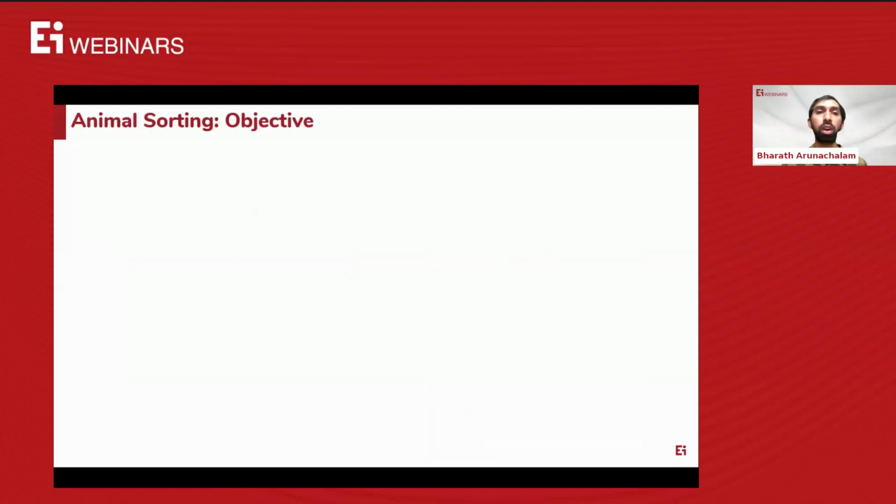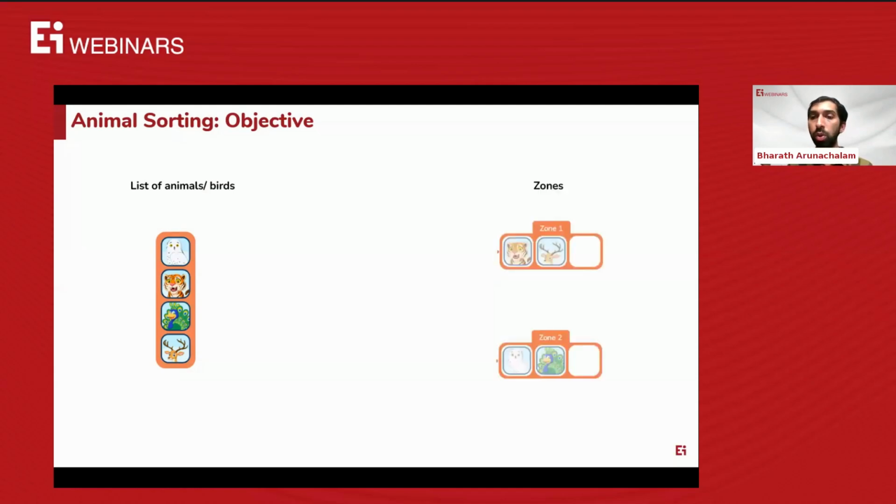So first, let us look at the objective of this activity. It's a very simple activity, and we thought this also can be used in a classroom environment, right? So first up, we have a list of animals or birds. Here we have an owl, tiger, peacock, and a deer. And then we have zones or areas into which we want to categorize or sort these animals and birds. That is the second aspect.